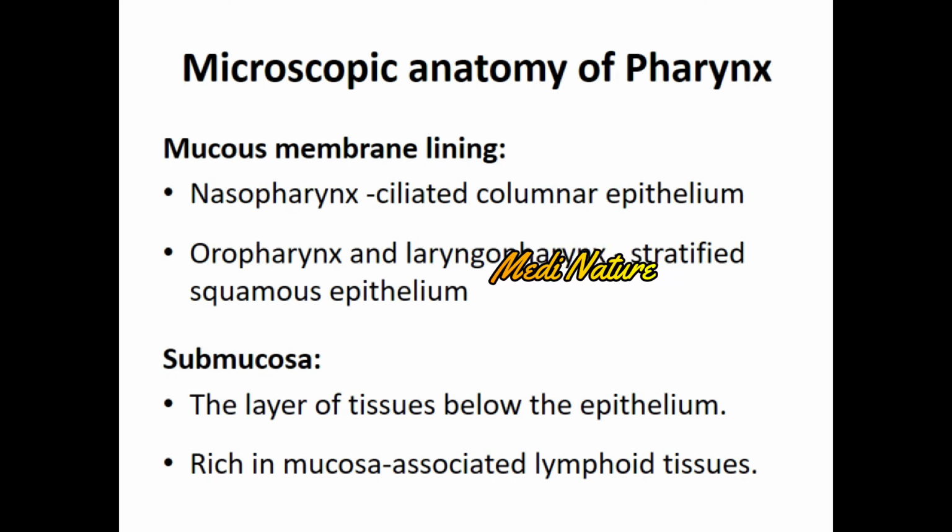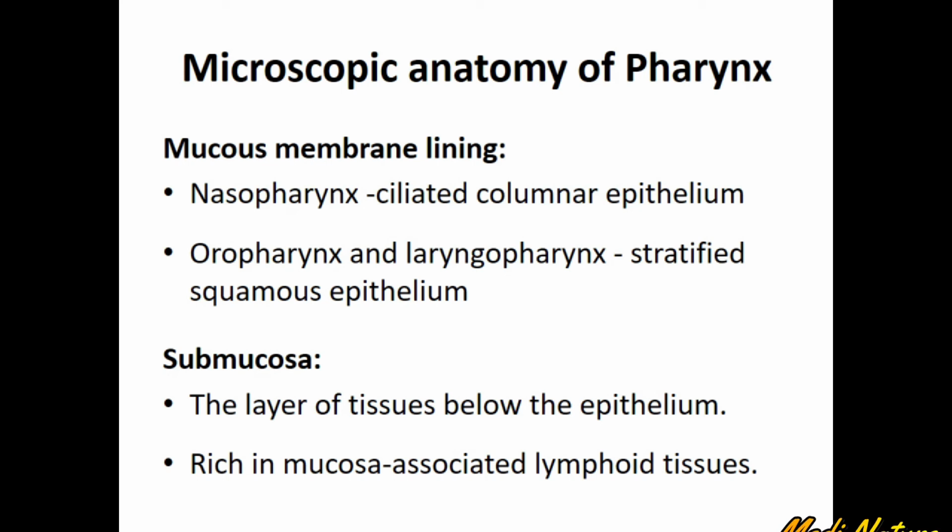That is due to structure-function relationship. The nasopharynx is only a passage for air. Therefore, it is lined with ciliated columnar epithelium which facilitates the cleaning, filtering, and warming of incoming air.